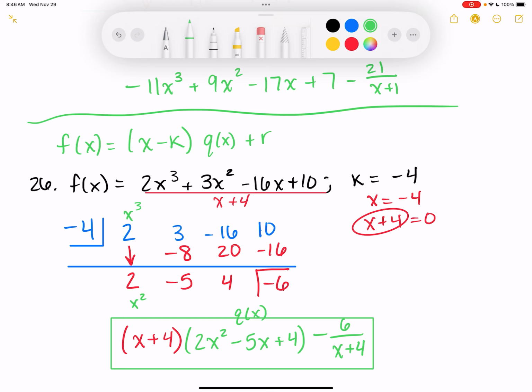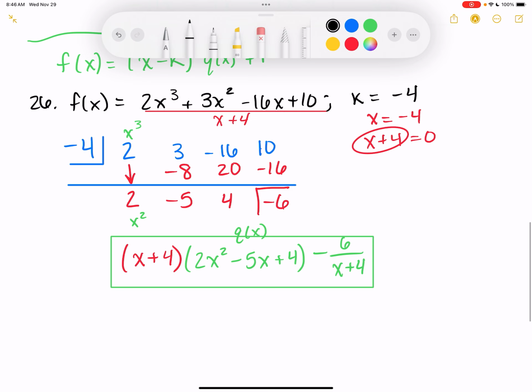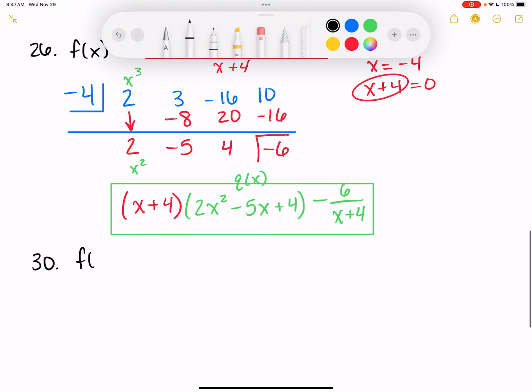Let's look at 30. F of x equals 2x to the 4th plus x cubed minus 15x squared plus 3x, and k is -3.